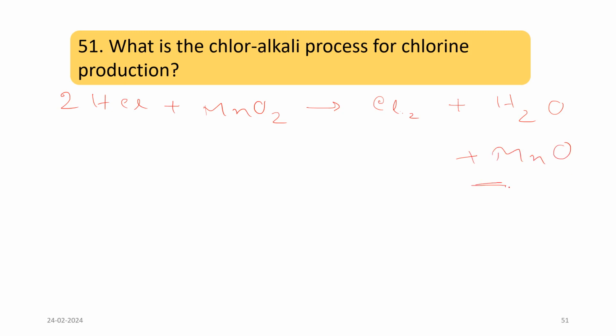This is the previously used step where the efficiency of the chlorine is only 30%, but now they produce it at 75%.